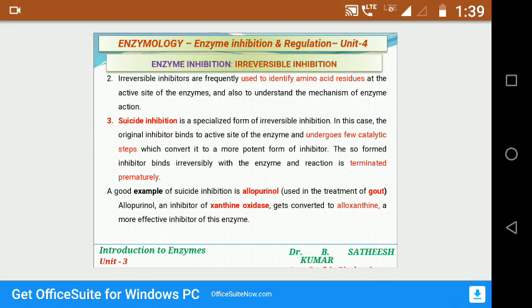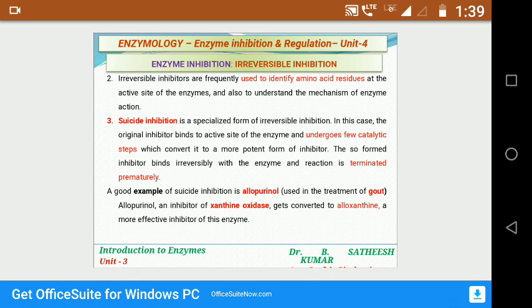Apart from using these irreversible inhibitors as poisonous and toxic substances, in research we can also use them for the identification of the residues present in the active site of a given enzyme. Suppose we have an enzyme and we want to characterize it.